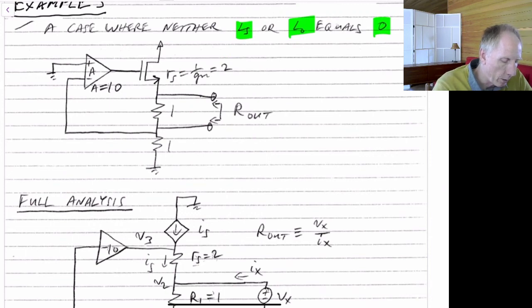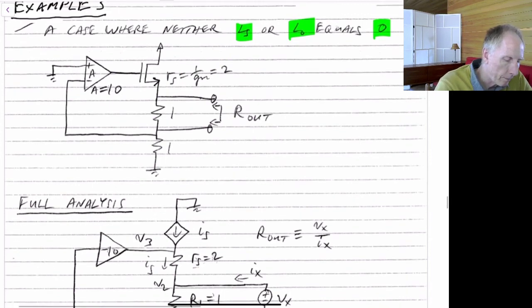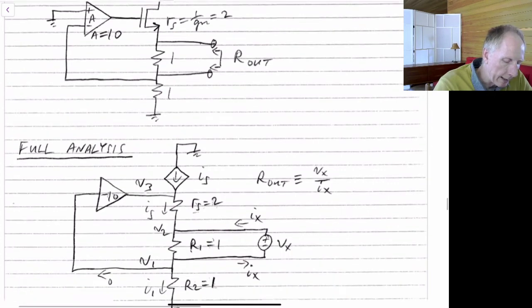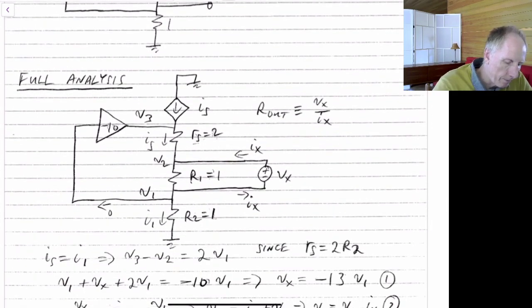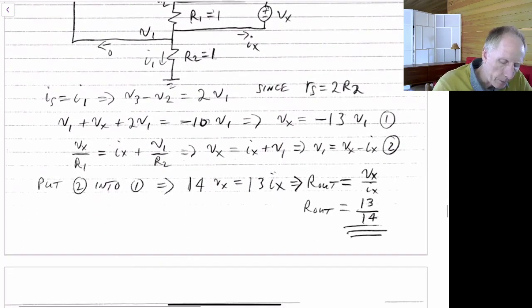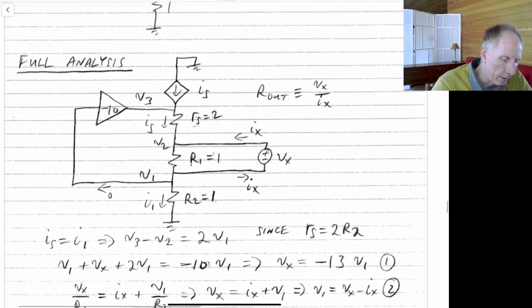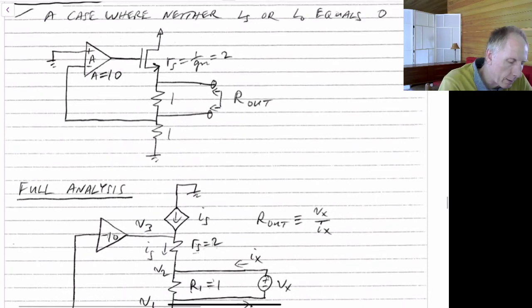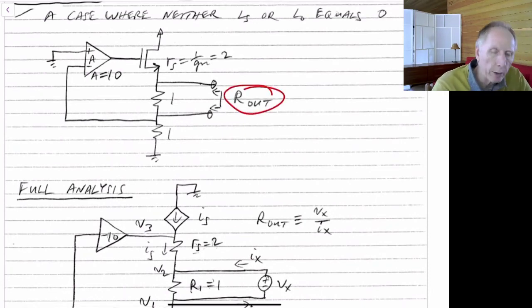But we're looking at a different node. Once again, you can go through full analysis. If you do, you'll end up with the impedance being 13 over 14. So the impedance looking into this node here would be 13 over 14 ohms, a little bit less than 1 ohm.